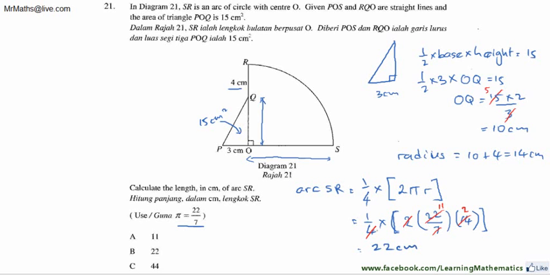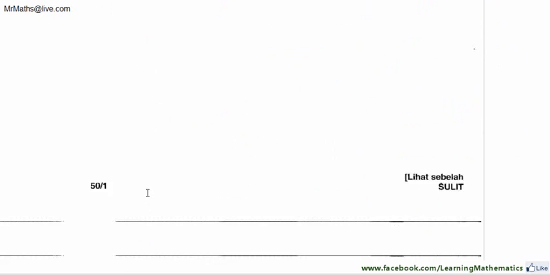Well, let me check. 4 and 2 and 22. Yeah, cut out, we get 7. 11, 7, 14, cut out becomes 2. 22 cm. Yes, that's correct. 21 is B. Alright. Number 22.